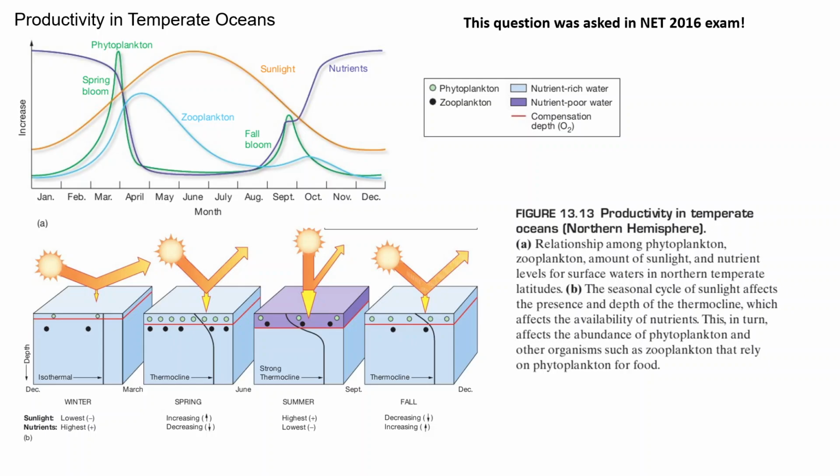But if you look at the zooplanktons, here the zooplanktons have suddenly started to grow in numbers. So during the spring season, phytoplanktons bloom, and towards the end of spring season, the phytoplankton concentration drops while zooplankton increases.